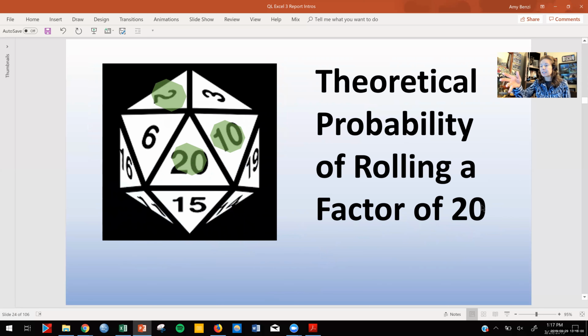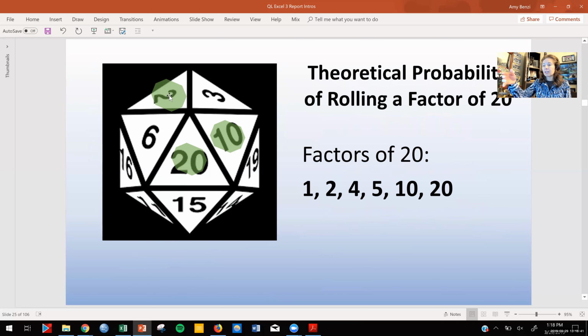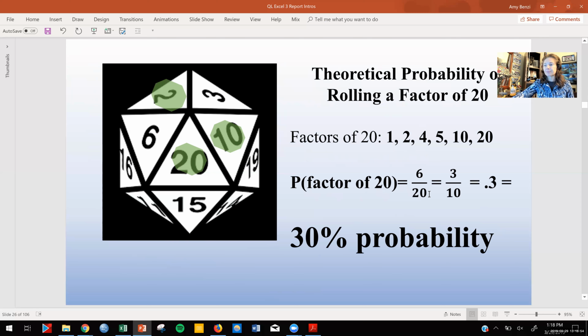The theoretical probability of rolling a factor of 20 on this 20-gon. So here, look, factors of 20 are going to be 1, 2, 4, 5, 10, and 20. All of these numbers divide 20 evenly. So we have 1, 2, 3, 4, 5, 6 favorable outcomes.